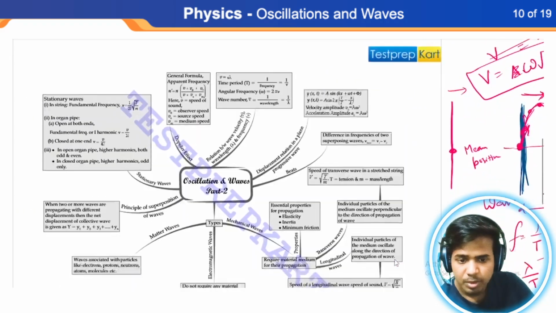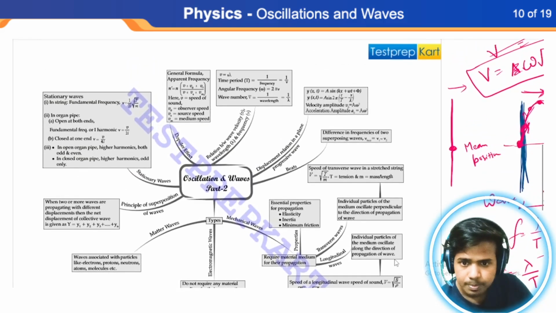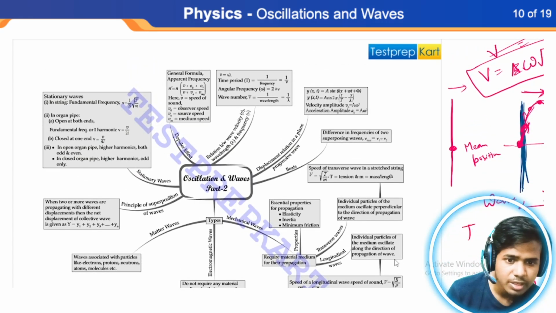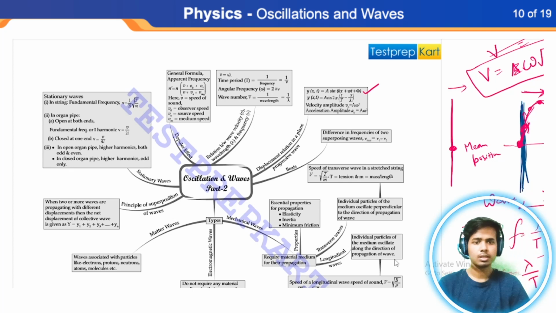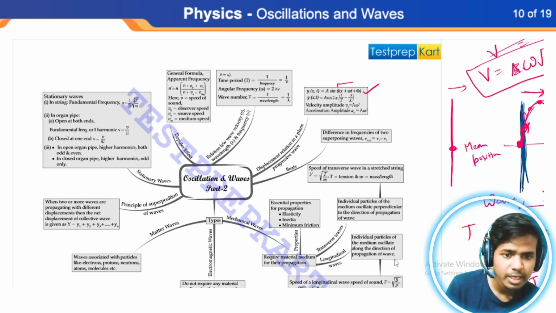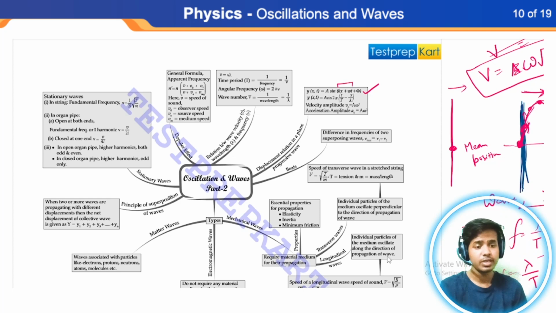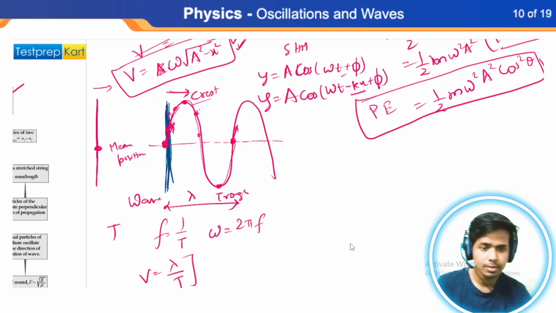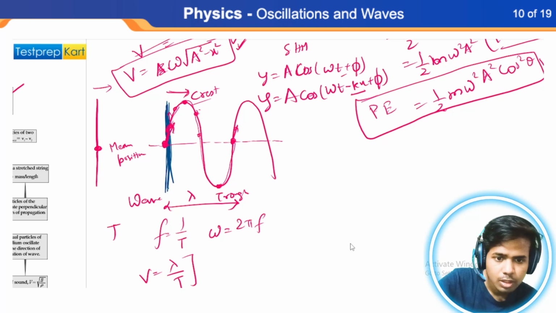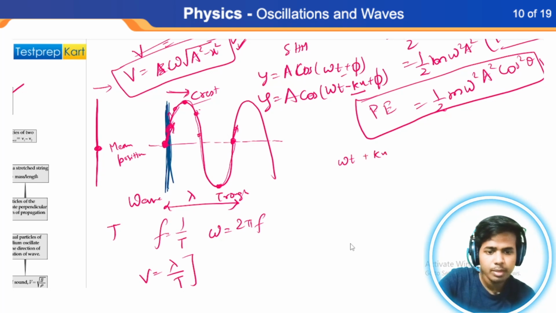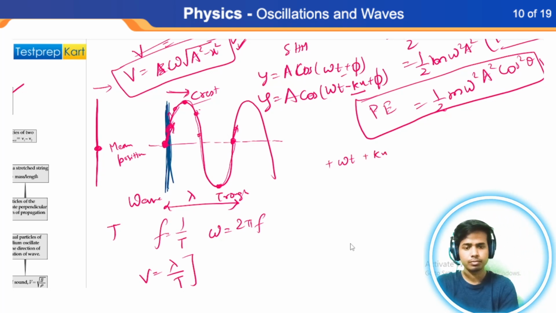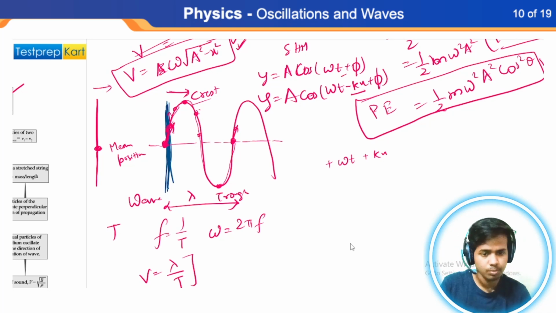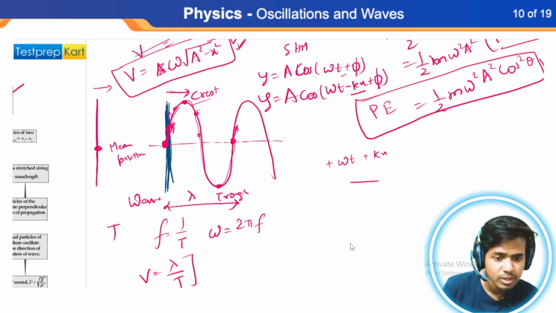So this is the general equation for this thing. See, the plus and minus signs are all about directions. For example, the general result is that if both omega t and kx are in the positive direction, then the wave is going backward.